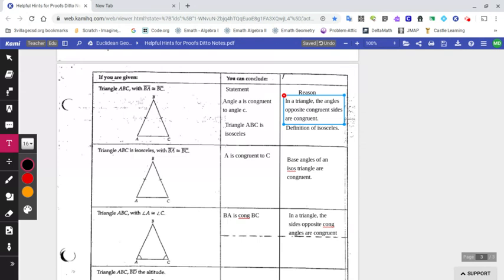It kind of switches them around. One, I was given the sides so I can say the angles are congruent. One, I was given the angles so I can say the sides are congruent. What's important about that is all those pieces, both sides and both angles, have to be within the same triangle in order for that to work. And then that's an isosceles triangle.